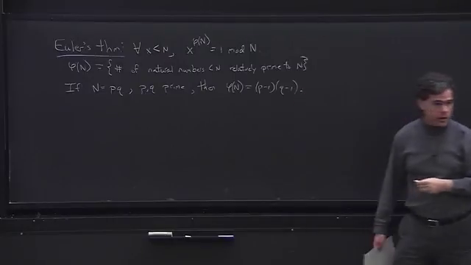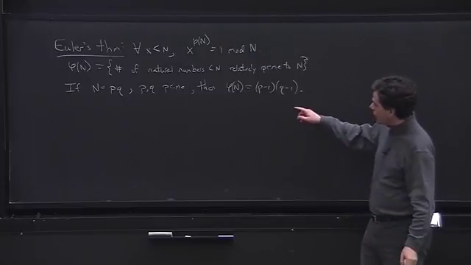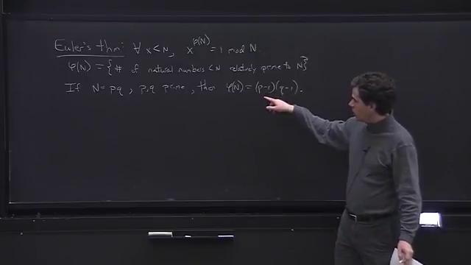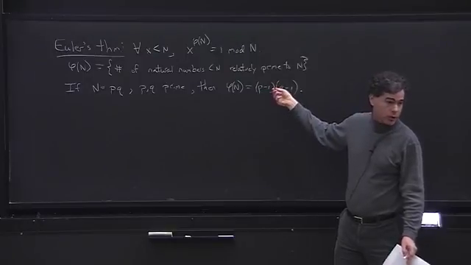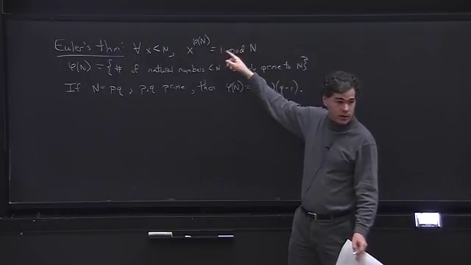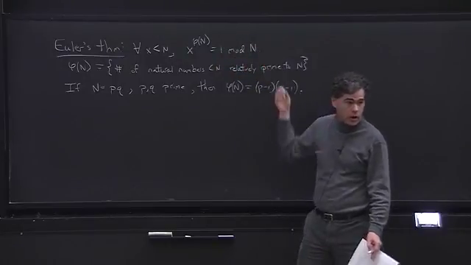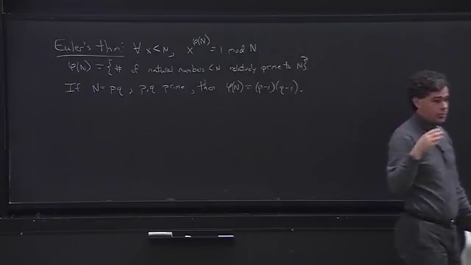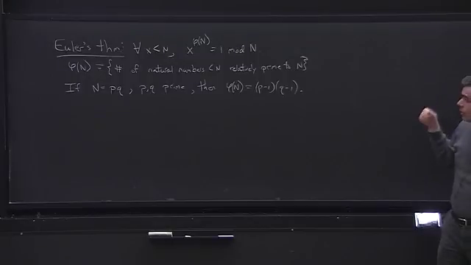In the case where n actually is prime, phi of n is just p minus 1. That says x to the p is congruent to x mod p, which was known even further back than Euler, and is Fermat's Little Theorem.